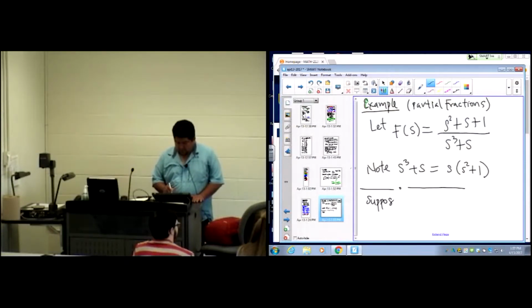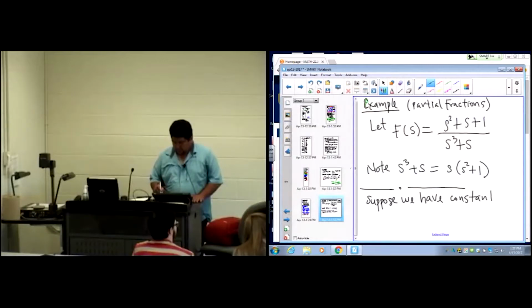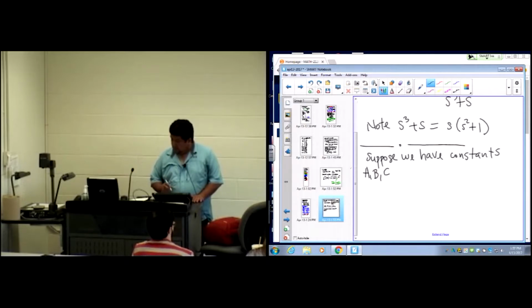So once we notice that this denominator is the product of s times quantity s squared plus 1, then we want to think of that denominator as being a common denominator that comes out of the addition of two fractions, one of them with denominator s, another fraction with denominator s squared plus 1.